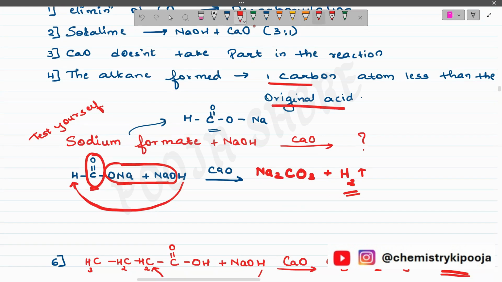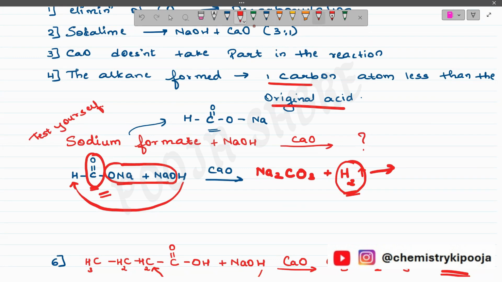Since in this entire reactant we had only one carbon, in the product there is zero carbon. There is no presence of a carbon on the major product side. So this was everything related to the question based on decarboxylation.